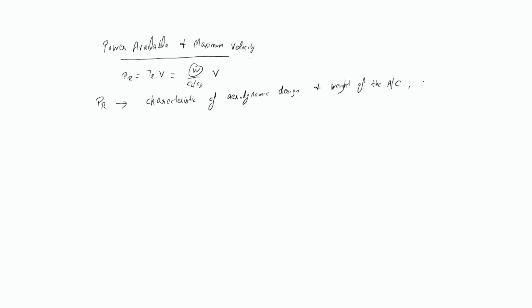But again, power available is a characteristic of the engine, that is the power plant. All right, as we discussed for thrust available as well. So power available is a characteristic of the power plant, that is the engine. Now let us talk a little bit about the reciprocating engine.